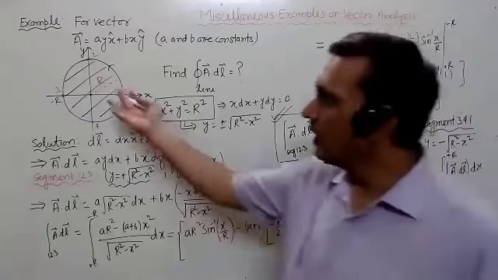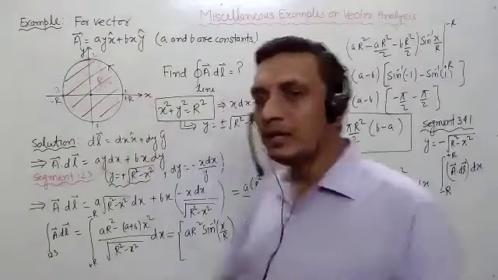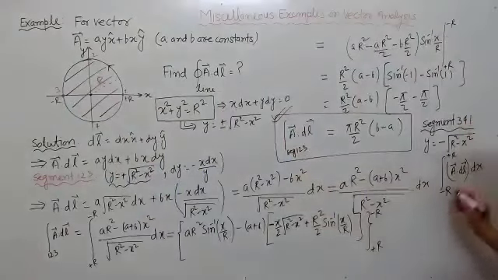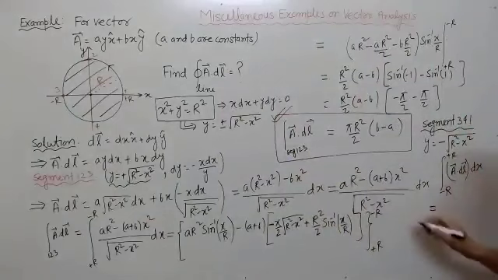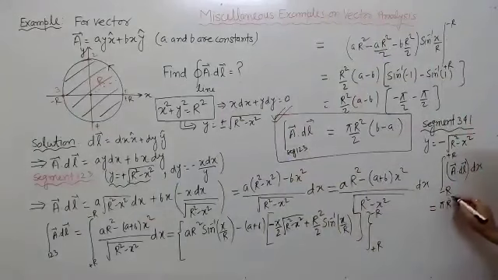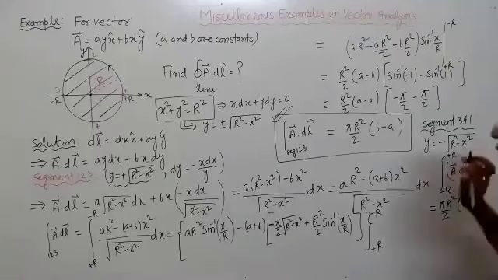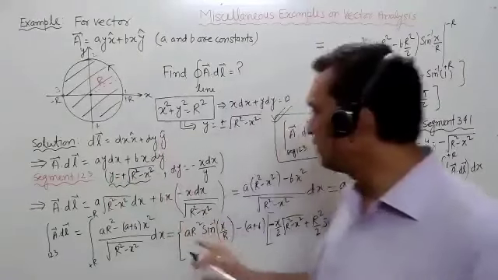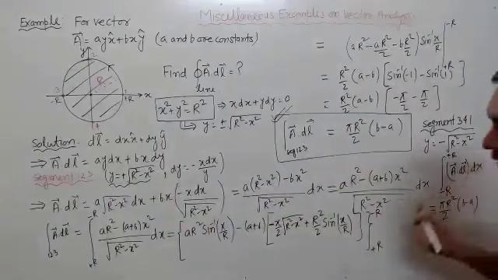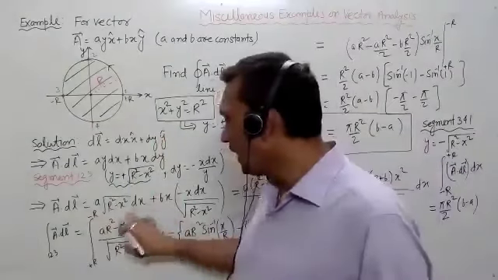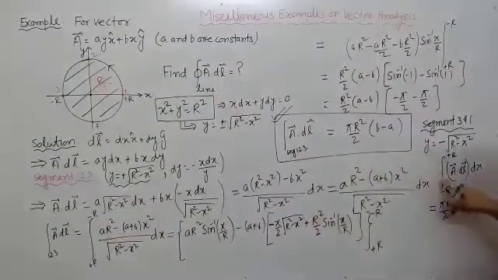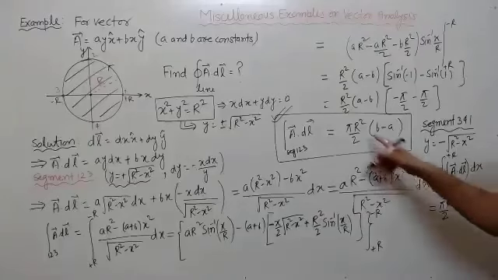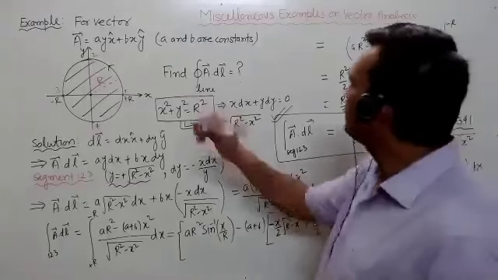Again you have to verify. If you calculate this, you will finally get the same value, pi r square by 2 times b minus a. You can easily convert a dot dl in terms of x. So for the upper segment and lower segment, you have the same value.